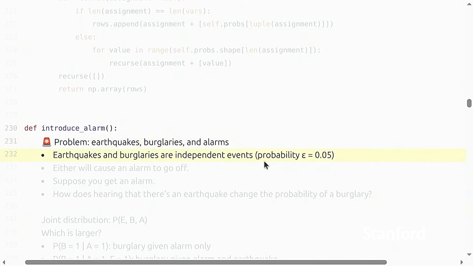We're going to assume that earthquakes and burglaries are independent events, and each happens with probability 0.05, so 5% chance, which is actually kind of high, but let's go with that. So you've installed an alarm in your house, and the alarm will go off if there's an earthquake or a burglary. Okay?